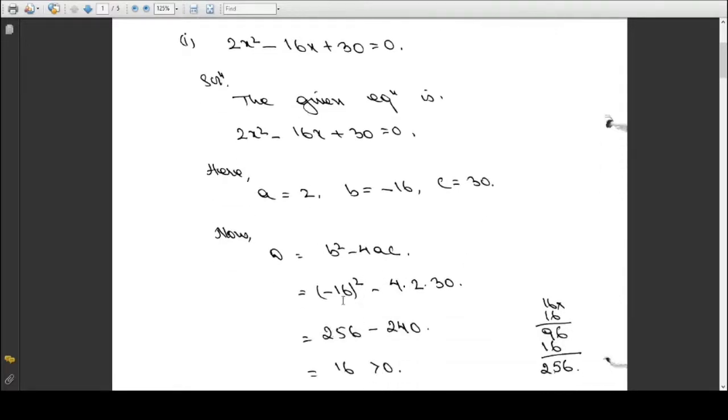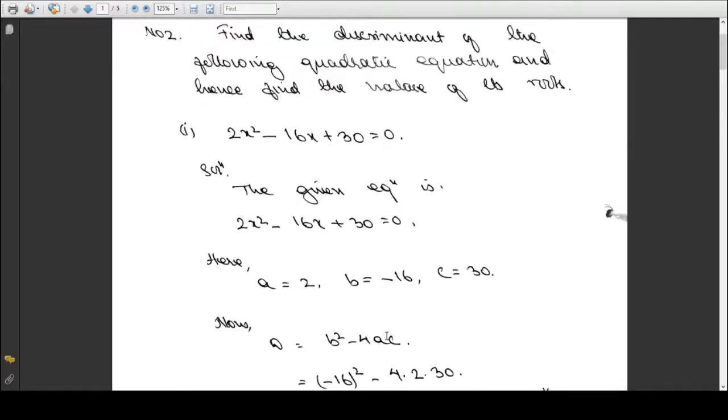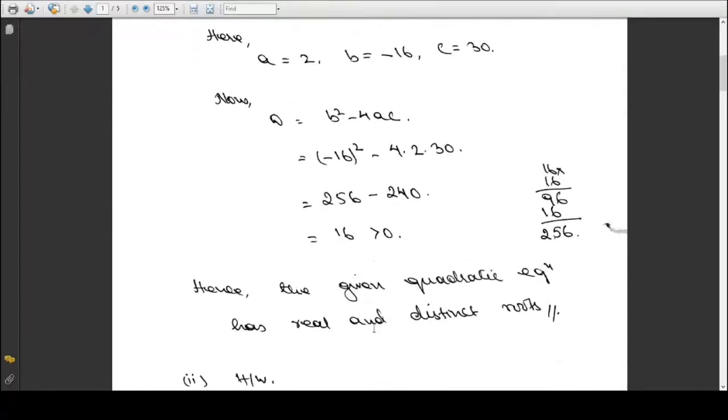Minus squared is plus, 16 squared is 256, and then minus 4 times 2 times 30, which is 240. On subtracting we get 16, which is greater than 0, isn't it? Hence, what will be the nature of the roots? It will be real and distinct. The nature will be real and distinct.